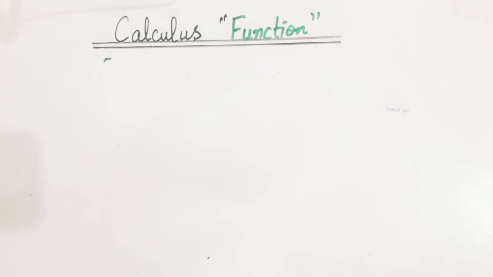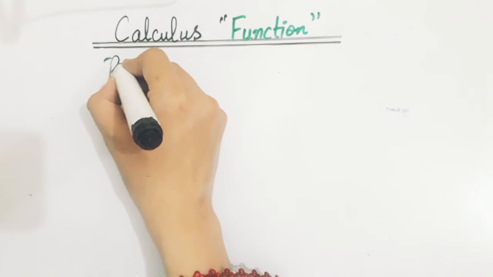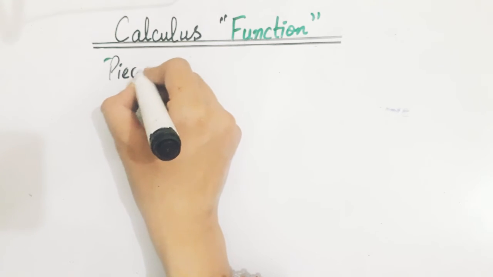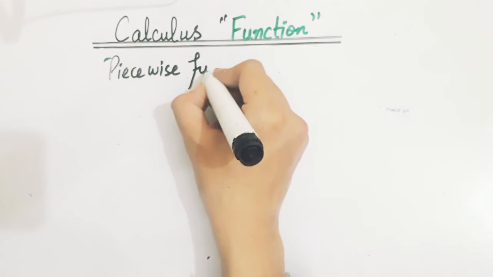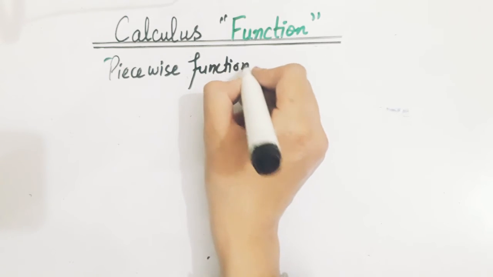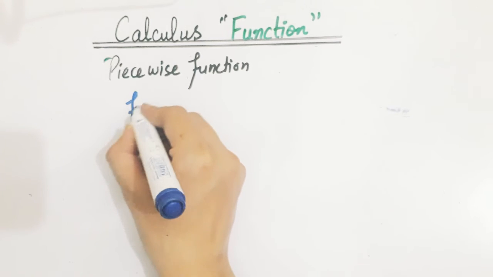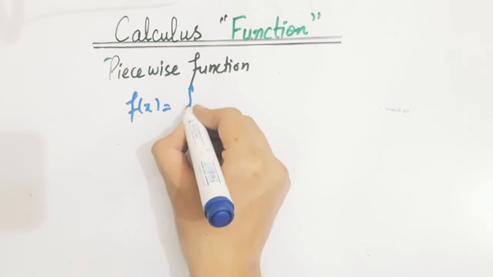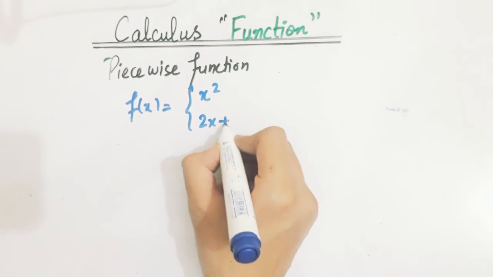Now I will explain another interesting concept, that is the piecewise function. What is a piecewise function? A piecewise function is just a function with different rules depending on the value of x. Like you have f of x equals x square, and the other rule is 2x plus 1.